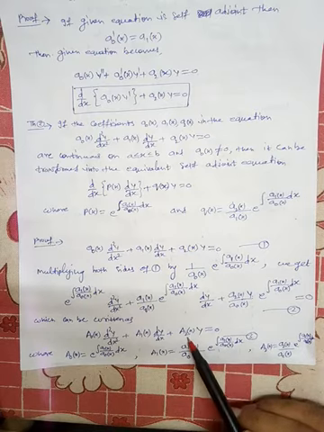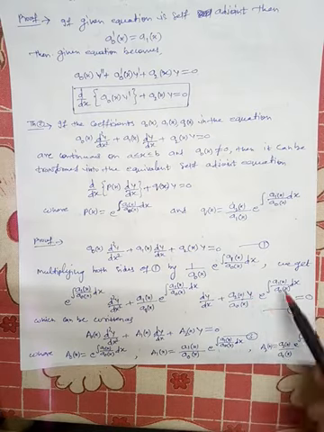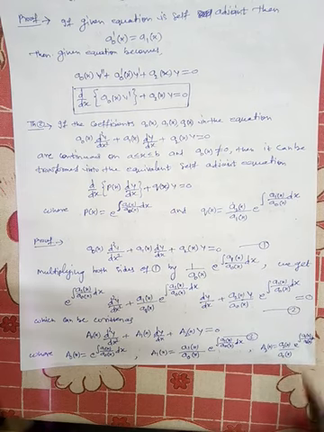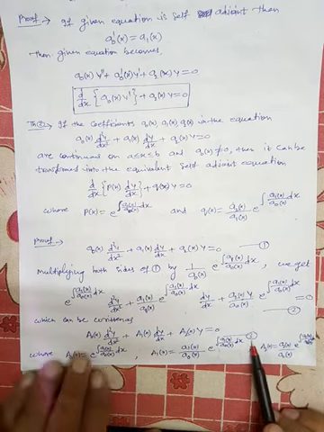And what is a2? a2 is this multiplied by this, a2/a naught e raised to the power integral of a1/a naught dx. Okay, so this is equation number 3.